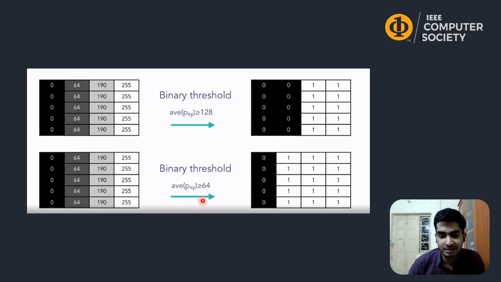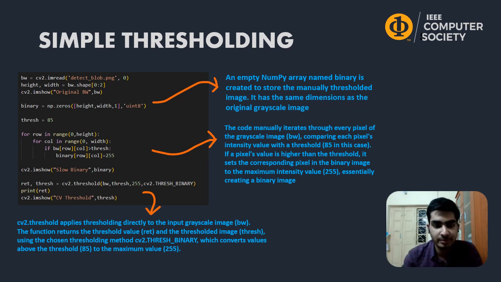Similarly, if we set the threshold as 64, all the values lesser than 64 become 0 and the rest of them become 1. Now we will see two simple ways for thresholding.